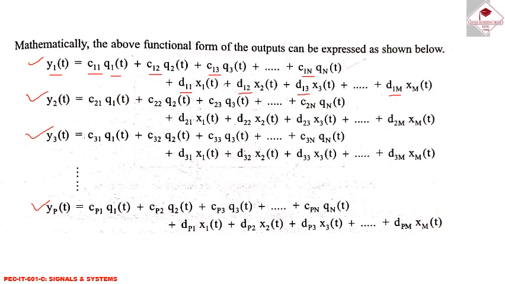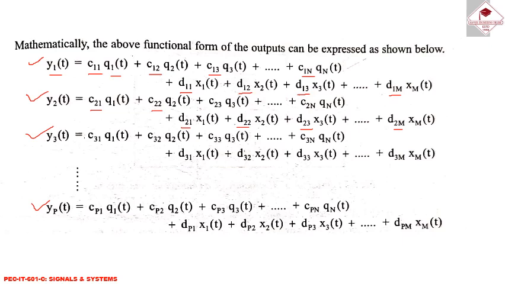For example y2t is denoted as c21 q1t, c22 q2t, then c23 q3t plus up to c2n qnt, plus d21 x1t, d22 x2t, d23 x3t plus d2m xmt. In this way y2 is being denoted.